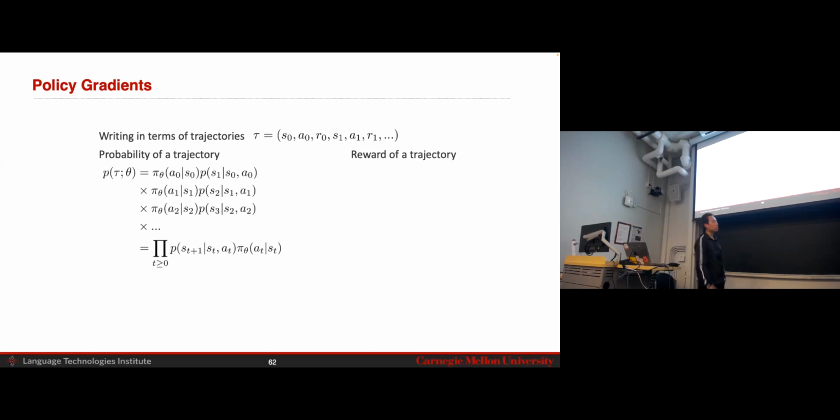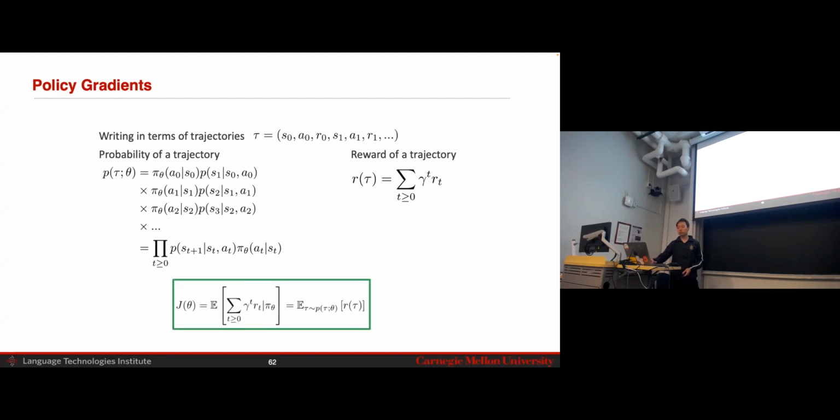And you can essentially write this down in terms of trajectories because you saw we are collecting trajectories. Some simple identities. The probability of a trajectory is essentially, for every state and action, the probability that your policy took the action from that state times the probability that you transition to the next state, right? That's the definition of what a probability of a trajectory is. The reward of a trajectory is just the sum of accumulated rewards from your 0 step all the way to the end with a discount factor.